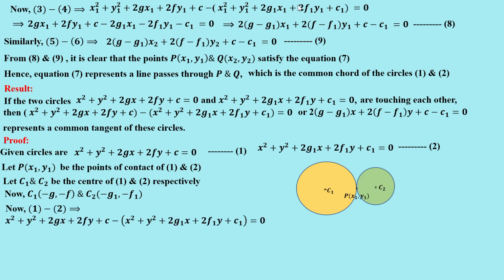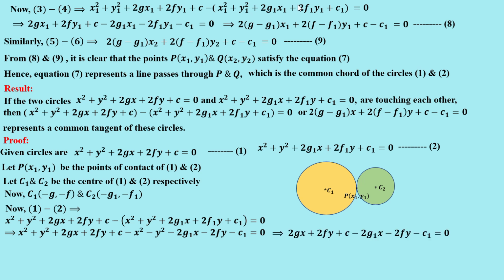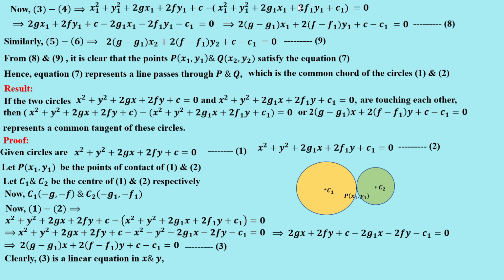Now 1 minus 2 gives x² + y² + 2gx + 2fy + c − x² − y² − 2g1x − 2f1y − c1 = 0. Grouping x terms, y terms and constant terms, you get 2(g − g1)x + 2(f − f1)y + c − c1 = 0. That is equation number 3. Clearly 3 is a linear equation in x and y, so it represents a straight line.